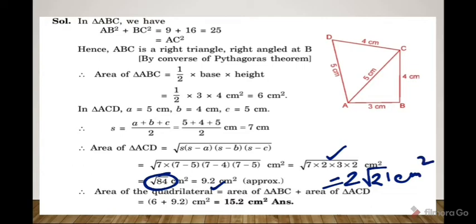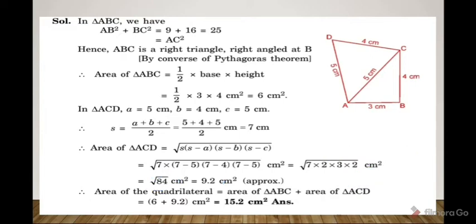But in the answer it is written as 9.2 centimeter square. That means you have to convert this root under 21 in the approximate decimal form. But how can you transform this root 21 into decimal expansion with two decimal places?